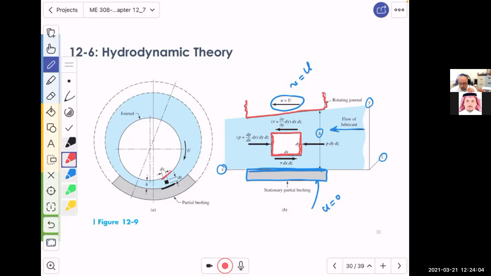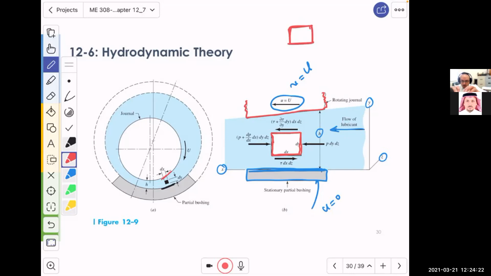Now, when we take that element, in reality, we want to draw the free body diagram. We want to take that red element, put it somewhere, and then forget about everything else.